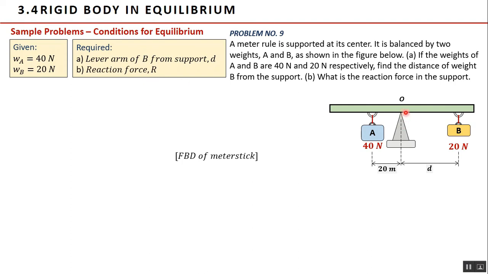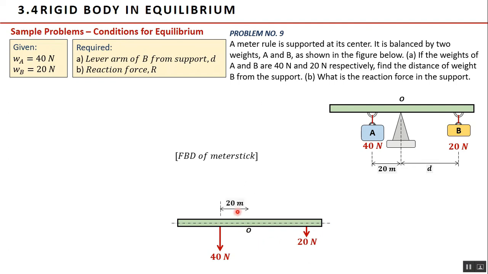Before we solve, let us draw the free body diagram of the meter stick. So this is the meter stick. We label the location of the support as point O. Then we indicate all the forces acting on the meter stick. So we have these two downward forces, 40 newtons and 20 newtons. This 40 newtons is located 20 centimeters from the support.